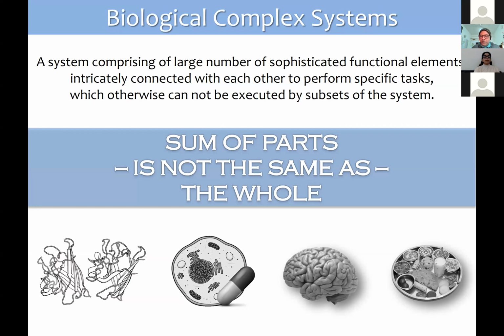So I would be trying to give you a sense of these emergent properties that are found in various parts of our studies, including food, which is the focus of today's talk.